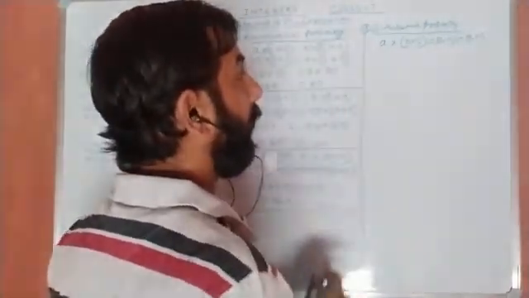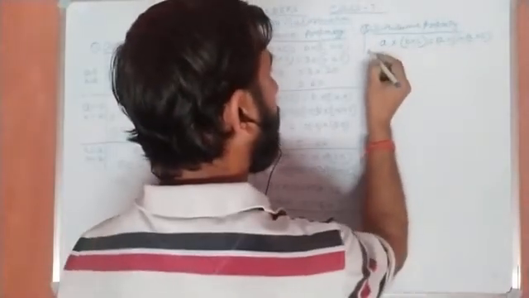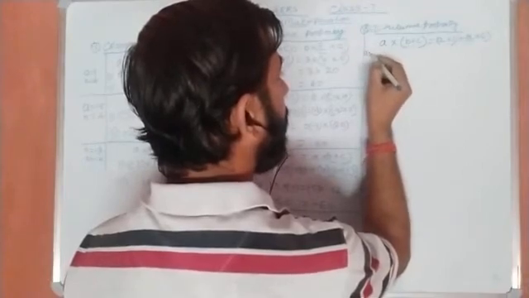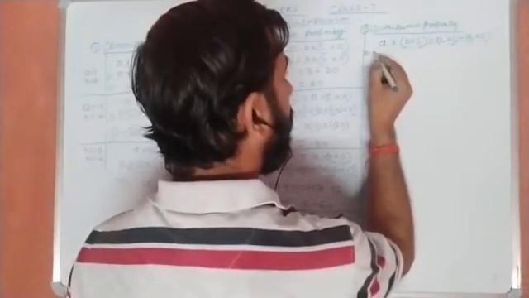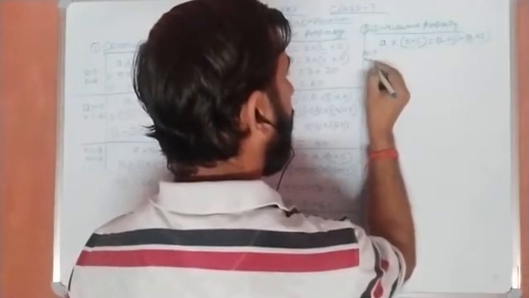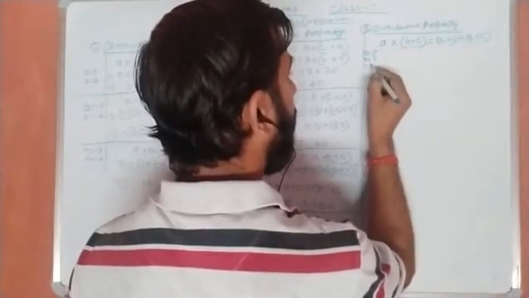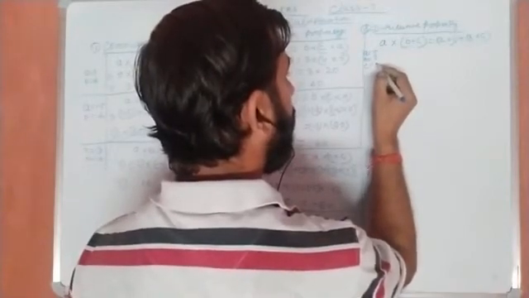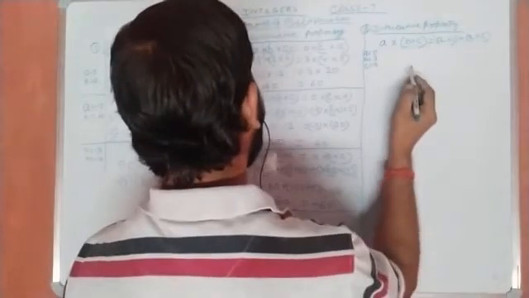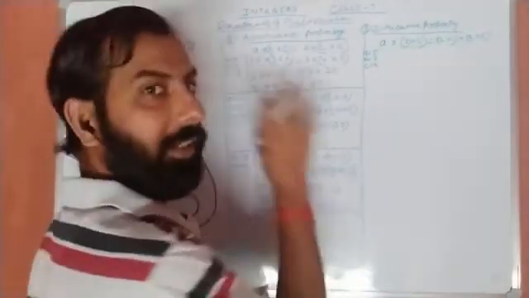How to solve it? Let's take an example. Suppose A is 5, B is 3, C is 4. The same numbers I have taken here also.